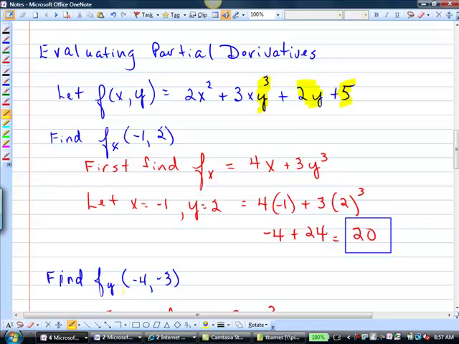All right, so now you find f sub y. That means the derivative with respect to y, this same thing, and x is going to be your constant. Okay, so x is going to be your constant, and we've got to come up with the derivative of this thing.